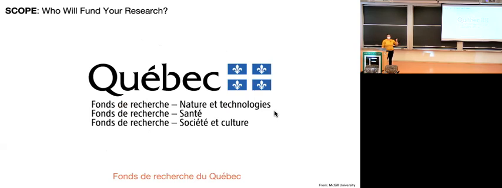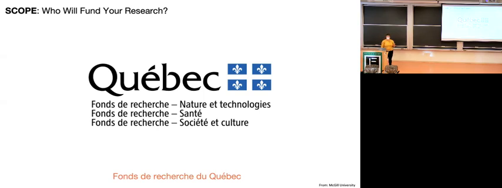In your province, you may also have similar structures. I know in Quebec, for example, we have a tri-council ourselves. They also fund, in the same sense, the three different axes of the tri-council. And so you can kind of double up and propose pilot grants to the provincial funding mechanisms that will help you be funded at the national level, and students can also apply to both.